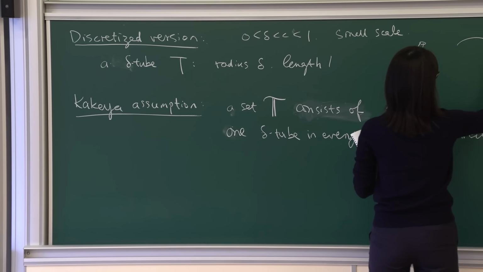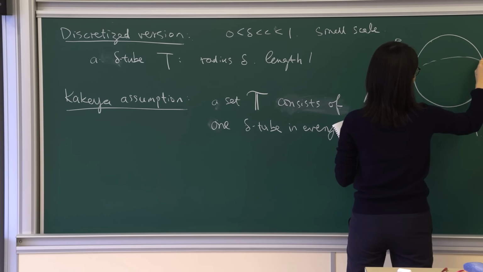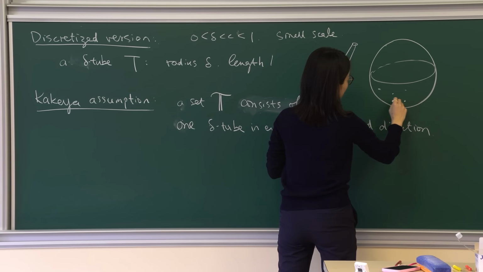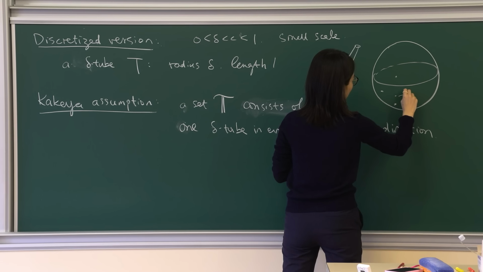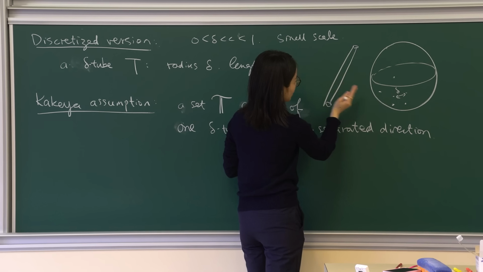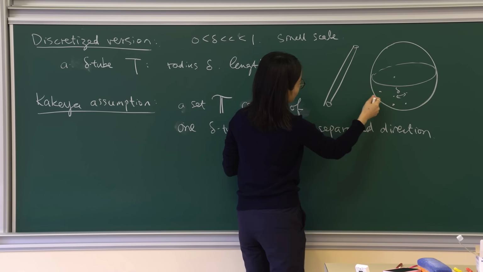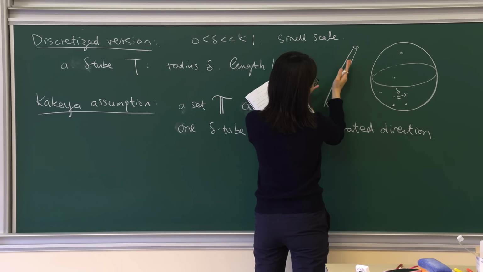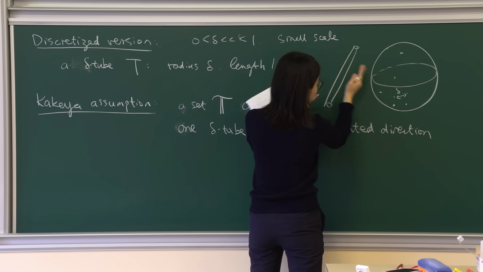What it means is that on the unit sphere, we take a delta net, so the distance between a point and its neighbor is roughly delta. For each direction in this delta net, we take a delta tube. For example, for this direction we take this delta tube, but we could translate this delta tube.